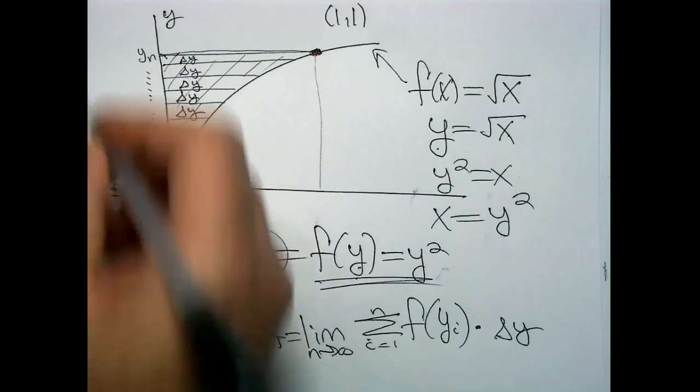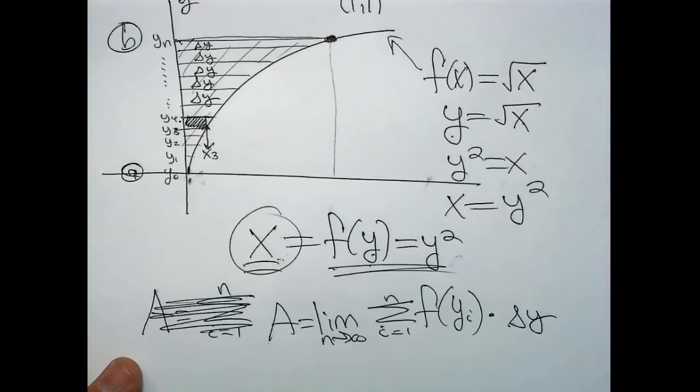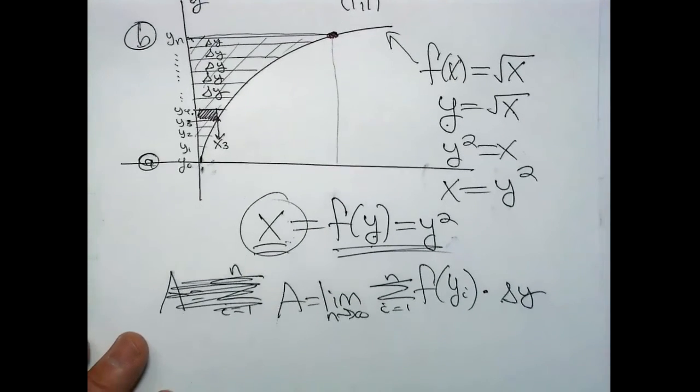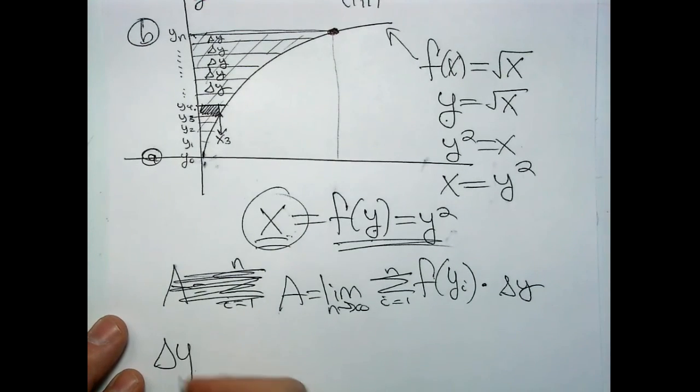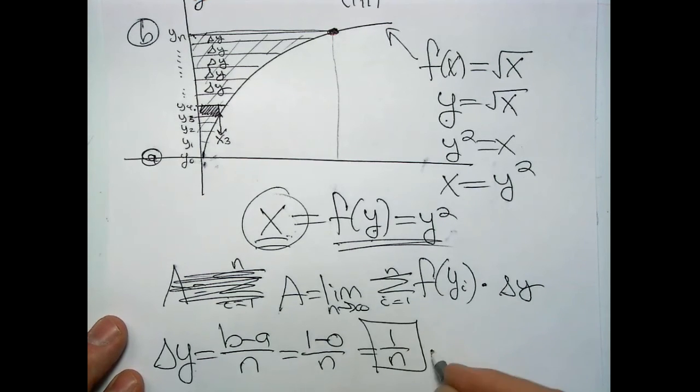This is still a, this is still b, and so really, the formula for delta y is the same as the formula for delta x. Delta y is b minus a over n. b minus a would be 1 minus 0 over n. It's just 1 over n.